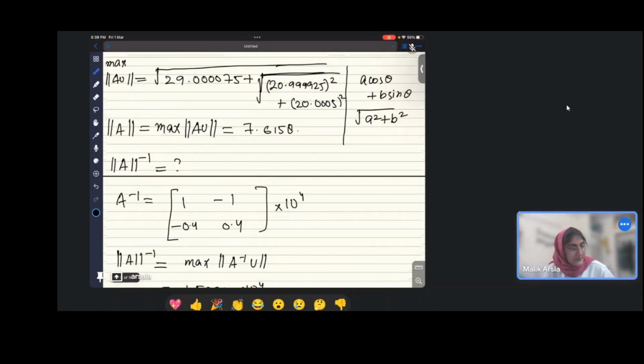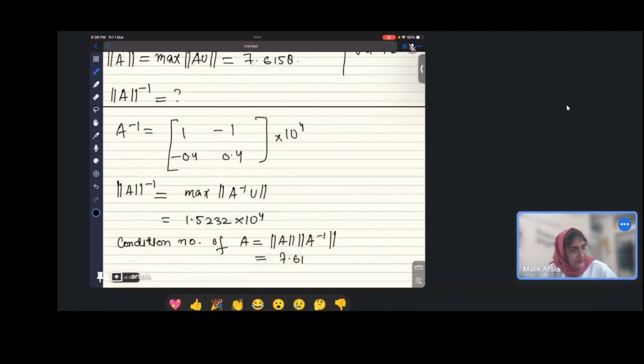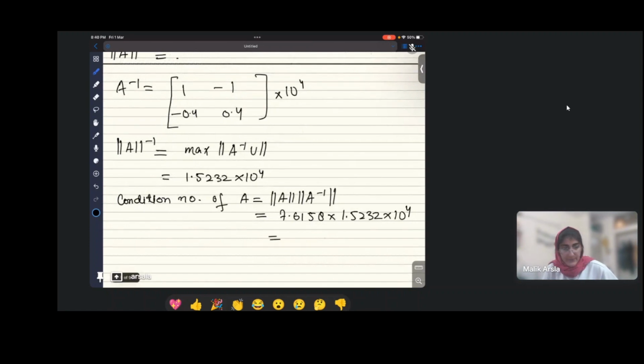Quickly multiply it. 7.6158 into 1.5232 into 10 to the power 4 is 1.16 into 10 to the power 5. So you can see that the condition number is huge, right? The condition number is very large, so it is ill-conditioned.